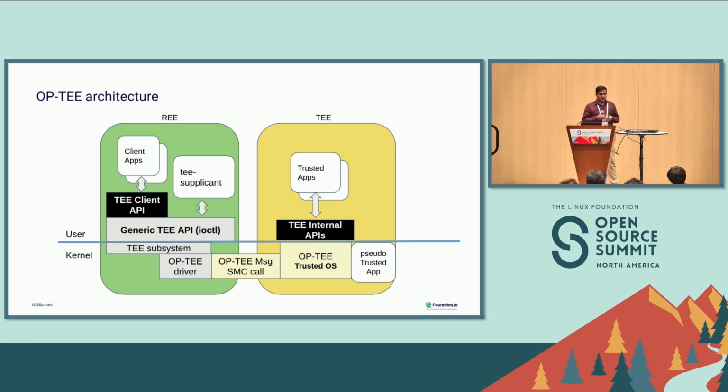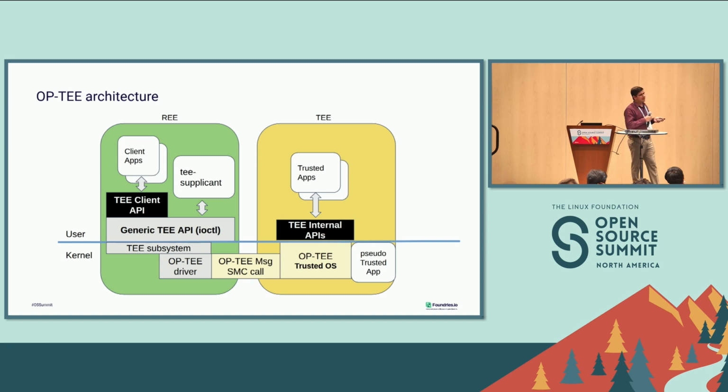And on the stack that is there in the kernel, the kernel is providing this TEE subsystem that is providing the ioctls towards user space, and there is this TEE client API that is a library that is compliant with the GlobalPlatform specification. And on the trusted execution environment side, we have this OP-TEE driver.